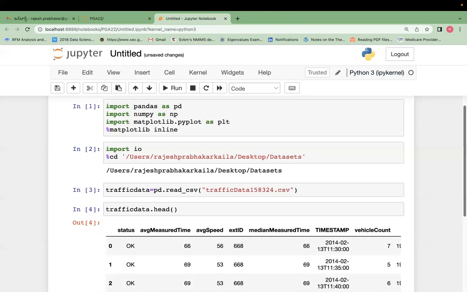So this is data collected by a CCTV camera, a traffic camera on a traffic junction, using a sensor. There is no manual intervention here. It is collected by the sensor within the traffic camera, and the sensor is set for a 5 minute time interval. If you see the timestamp here, very clearly 11:30, 11:35, 11:40.